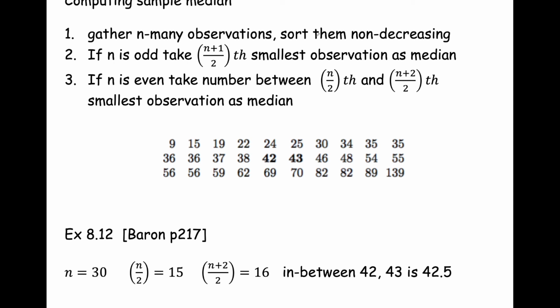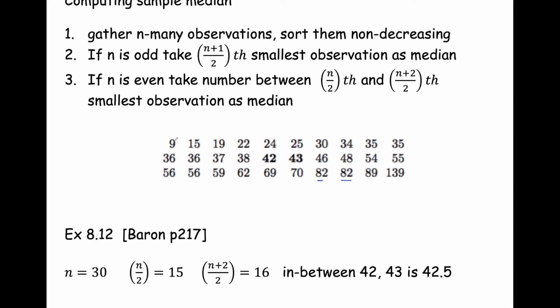We take the number that's between the (n over 2)th and (n plus 2) over 2th smallest observation. So here we have the same numbers that we had before, and we sort them in non-decreasing order from smallest to biggest. And if we have two numbers that are the same, you notice here there's 82 and 82, right? The fact that you can have two numbers that are the same value, that's what makes it non-decreasing versus increasing.